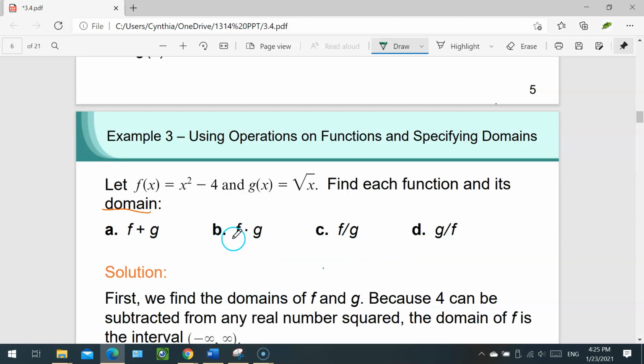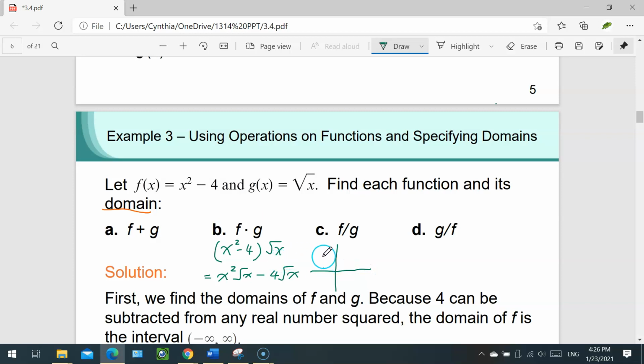F dot g. When you have f multiplied with g, it has x squared minus 4 multiplied by square root x. When I distribute it, I get x squared root x minus 4 root x. Determine the domain of this one. Again, we are looking for the region they are overlapping. Let me draw the graph.